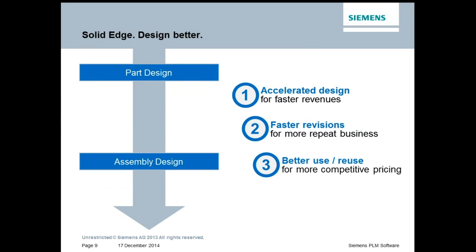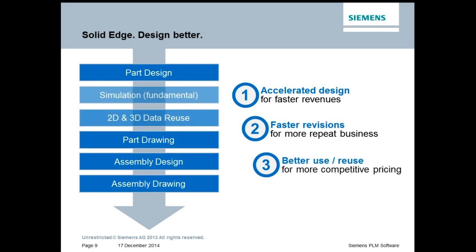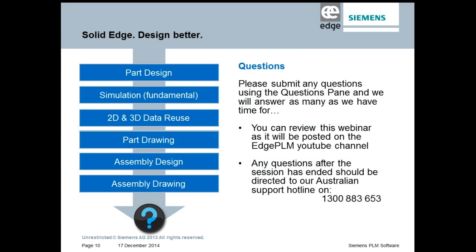So all up, it comes down to accelerated design in both part and assembly, drafting with both part and assembly, just to be able to give you faster end product, and simulation and data reuse, again faster revisions, more repeat business, better use and reuse, so that you can give your customers better competitive pricing. What it all comes down to is Solid Edge has a lot of tools for you.